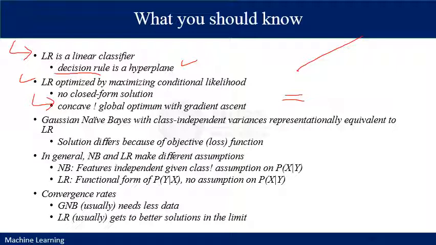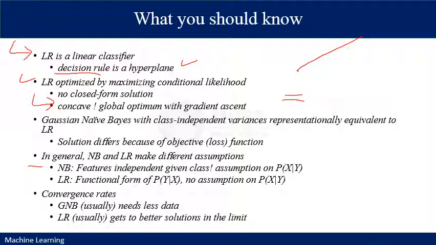On the other hand, Gaussian naive Bayes with the class independent variance is representationally equivalent to logistic regression. The solution differs because the objective loss function differs for both of the methods. So in summary, naive Bayes and logistic regression make different assumptions.